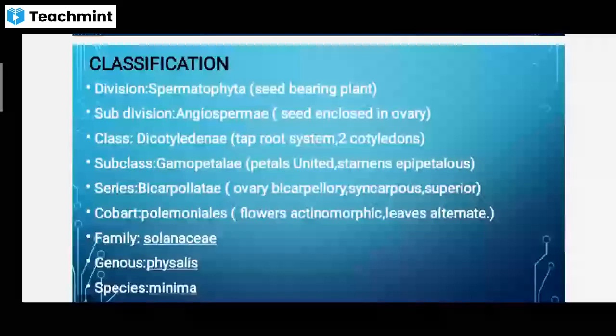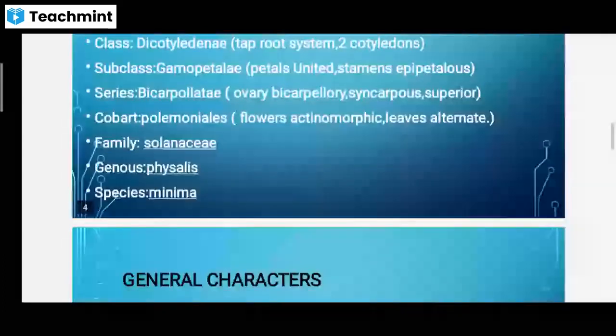Series is Bicarpellatae, that is ovary bicarpellary, syncarpous and superior. Flowers are actinomorphic, leaves are alternate. And the family is Solanaceae, genus is Physalis, and the species minima.